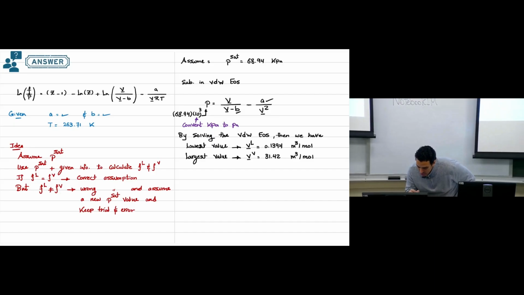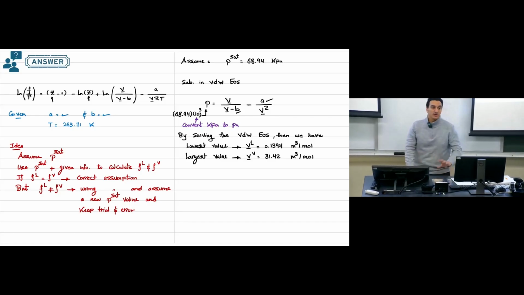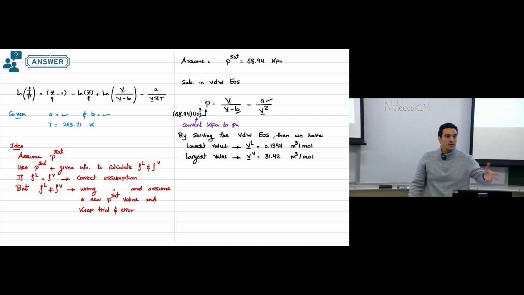If you check the fugacity equation, we also have the compressibility factor, right? And again, the compressibility factor has 2 values, one for liquid, one for vapor.